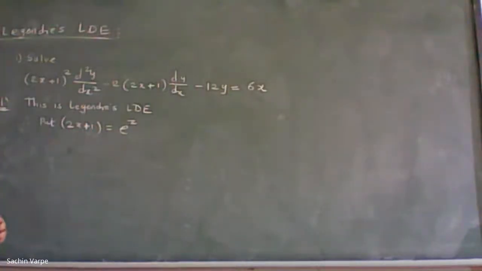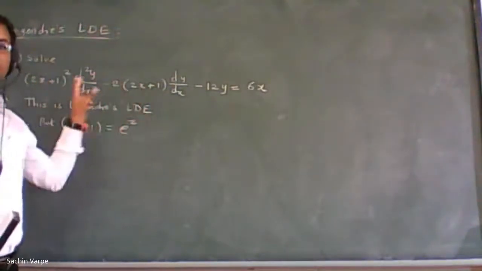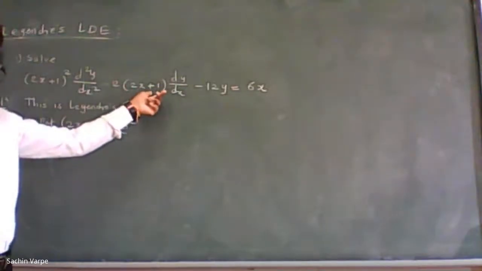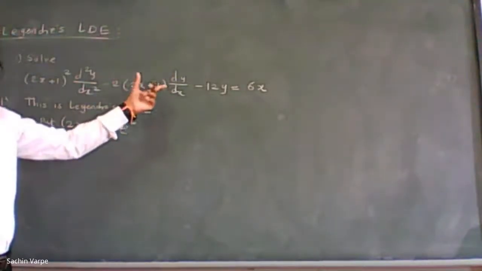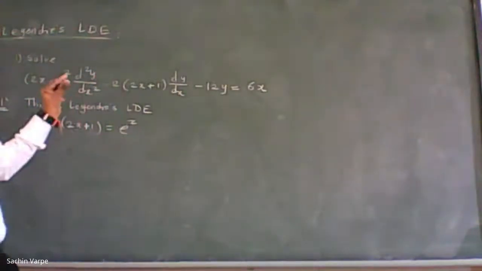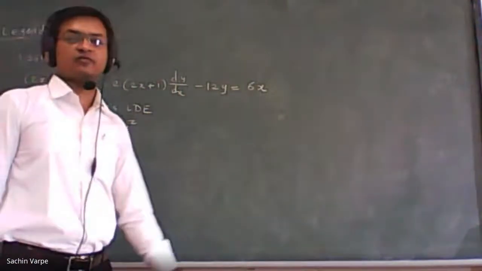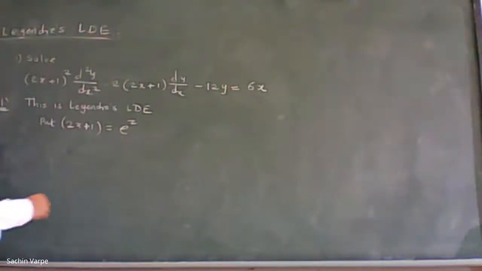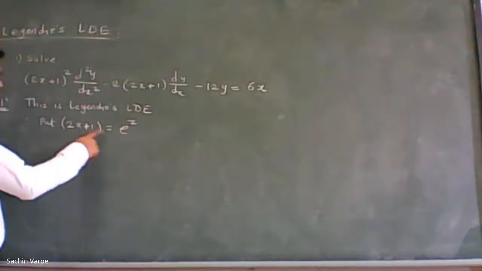Is that okay? Remember, this form of ax plus b should be same throughout. It will not be that here it is 2x plus 1, and there 2x plus 3. That is not correct, isn't it? We have the substitution only for ax plus b, so that should be same throughout the differential equation. Now, 2x plus 1 is equal to e raised to z.